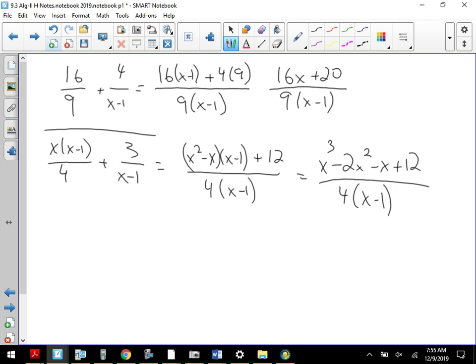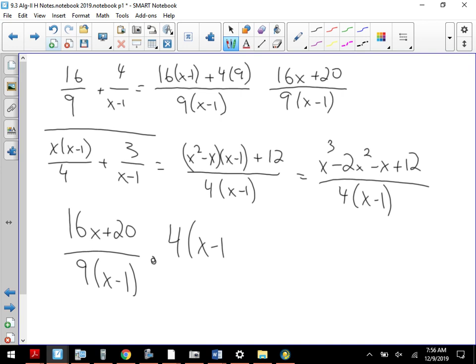Whenever I have 4 terms with a cubic, check and see if it's groupable. It's not going to get you anywhere at all in that one, so there's really not much we can do. So now we just have our last little bit of 16x plus 20 over 9 times x minus 1 times the 4 times x minus 1 over the x cubed minus 2x squared minus x plus 12.